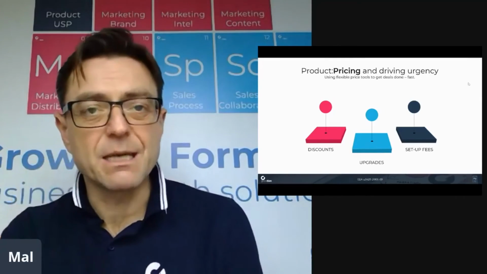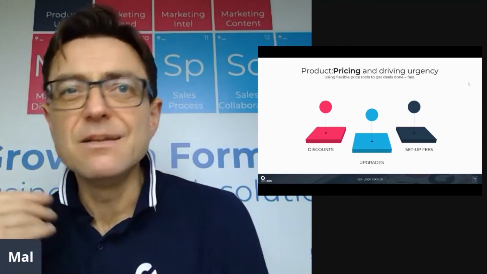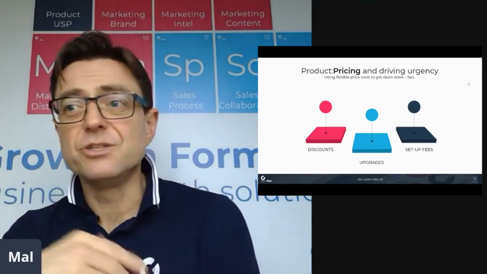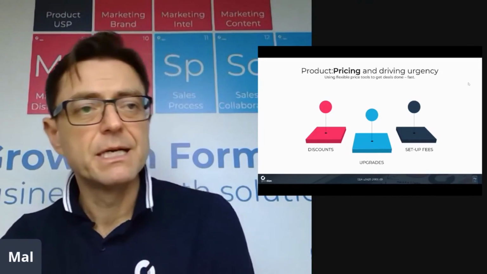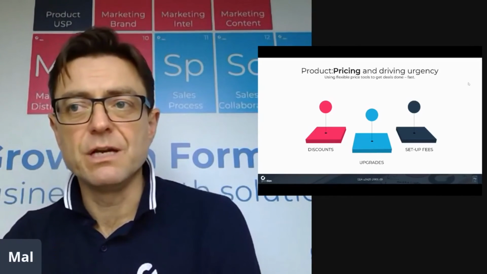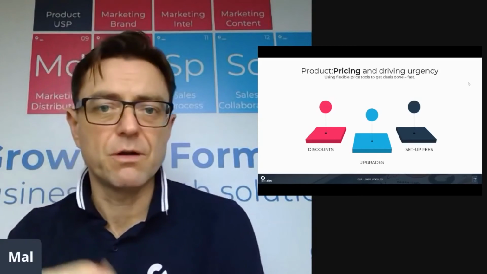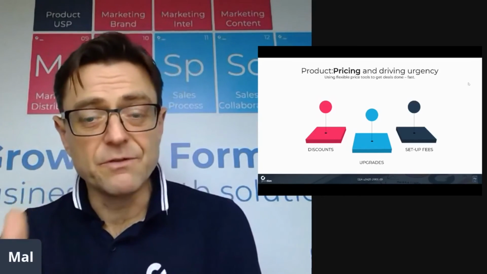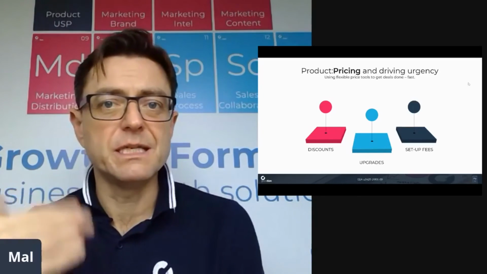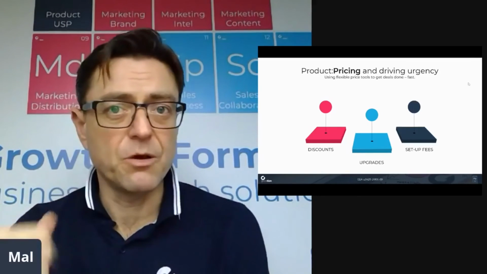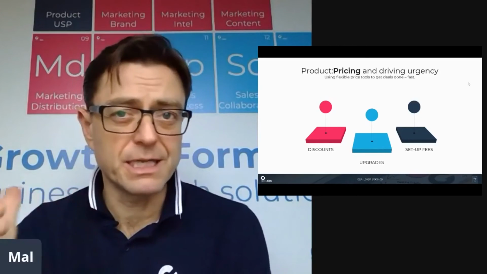And the third one is setup fees. Whether that's a delivery charge, or a genuine setup fee where you're actually doing some activity to get the customer set up, having a setup fee, or an introductory fee, or a delivery fee is a really good way of helping people to see the value in what you're doing, but also helping to drive urgency, because you can negotiate that setup fee away.